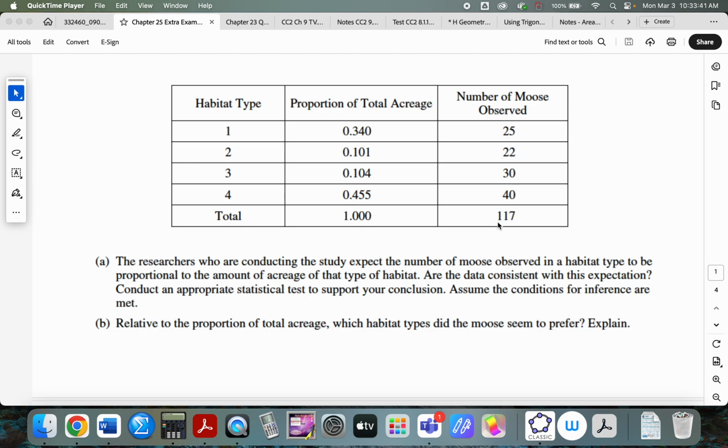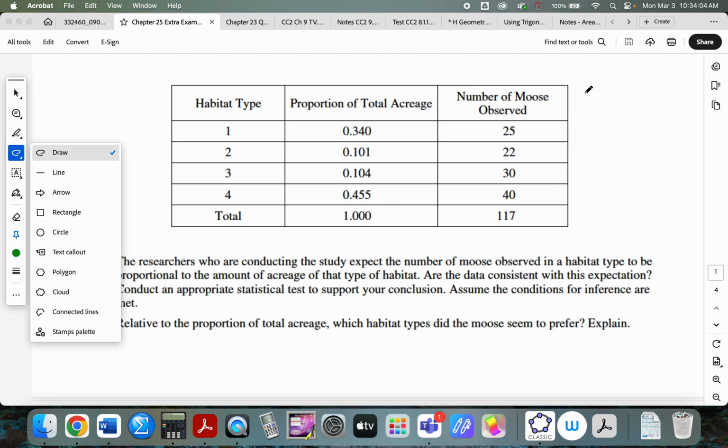So, notice we have counts of the number of moose. There are 117 moose in total. What we could do then is compare this to the expected number of moose in each one. We would just take the proportion of total acreage times the number of moose observed.